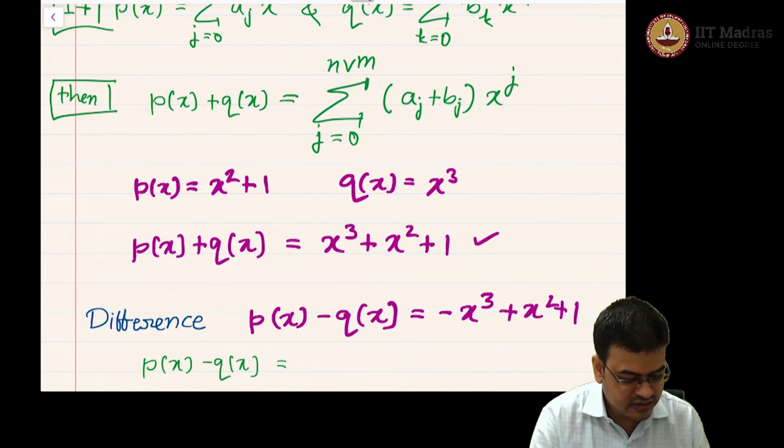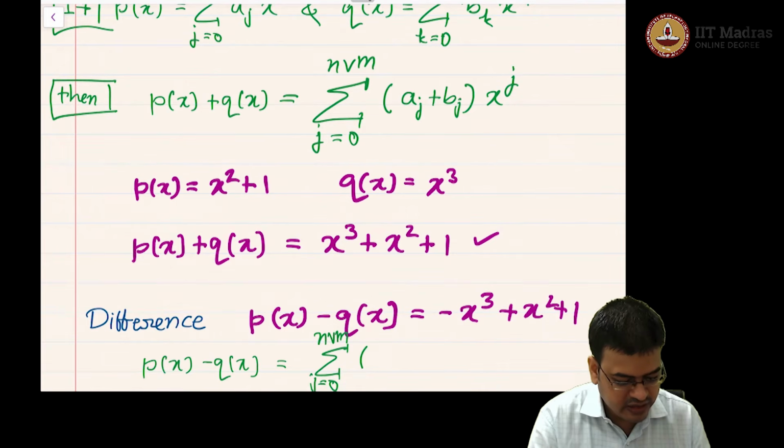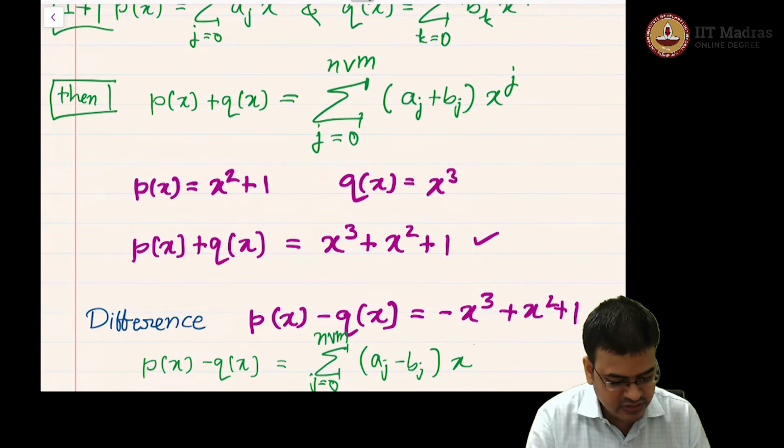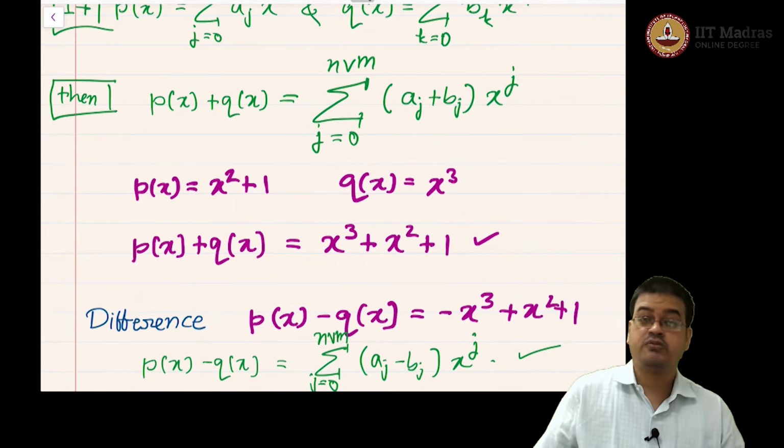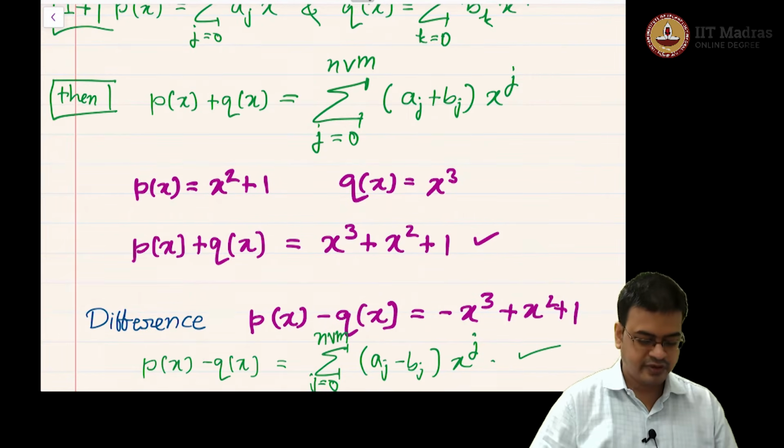This is again the summation over j equal to 0 to the maximum of n and m of (a_j minus b_j) x raised to j. That's all. So this is the formula for difference. These are very simple formulations.